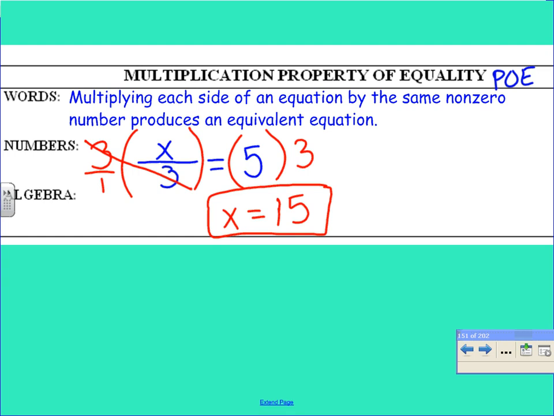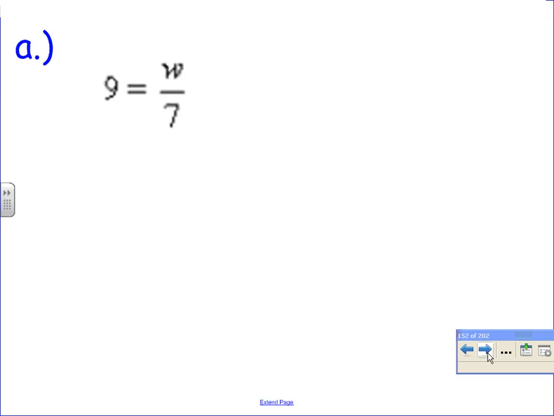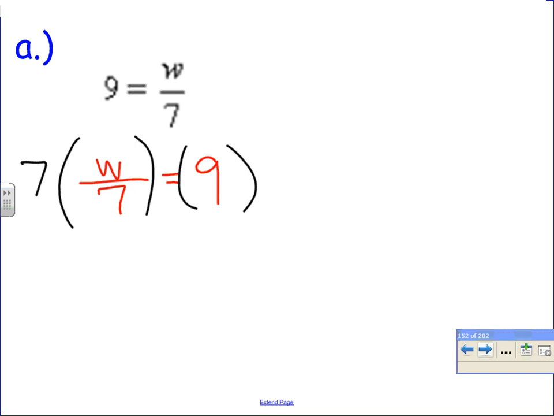Okay, let's look at letter A. Annalise, hold on one second. Okay, letter A. What's the very first thing we need to do on this? Adam. Flip it around. Do not solve it like this. So what Adam means is write the W over 7 on the left, write the 9 on the right. Sean, how do we get rid of the 7, which is the denominator? Okay.